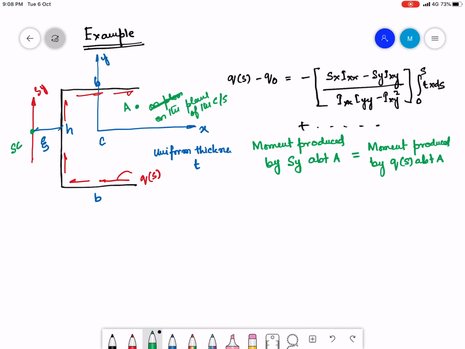Only then we can say that there is not going to be any twisting of the cross section. There is not going to be any resultant torsional moment left.